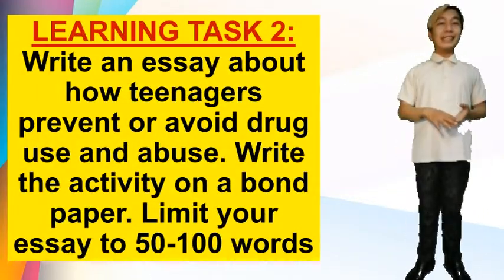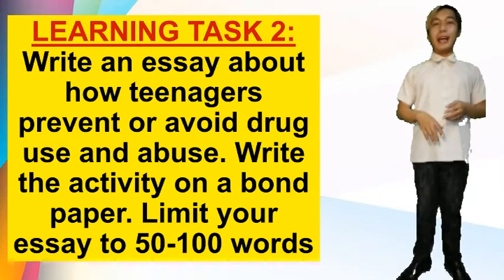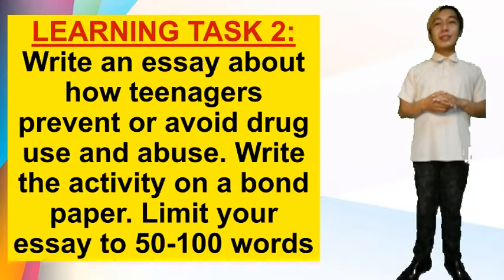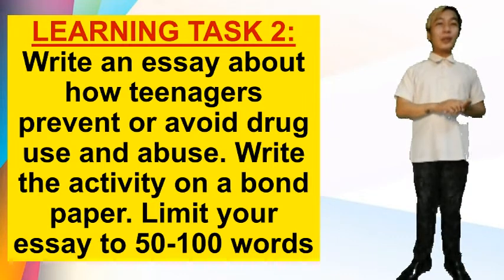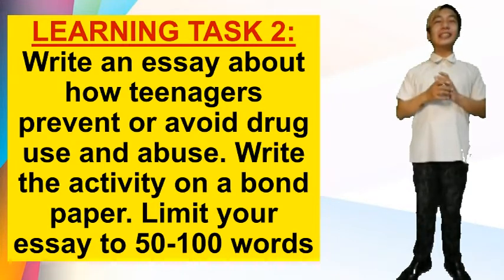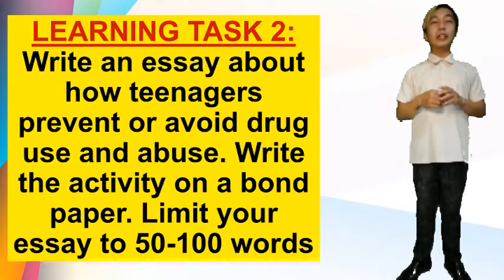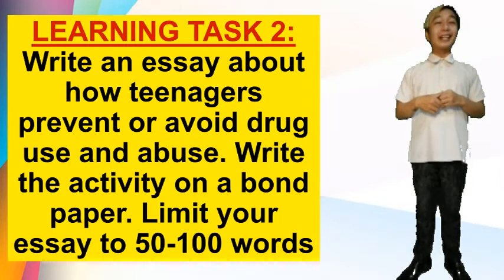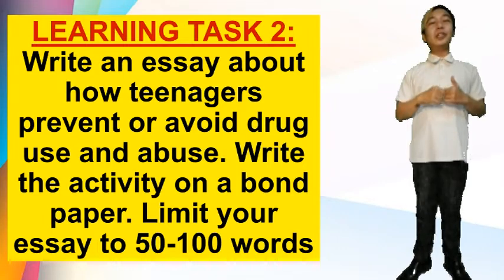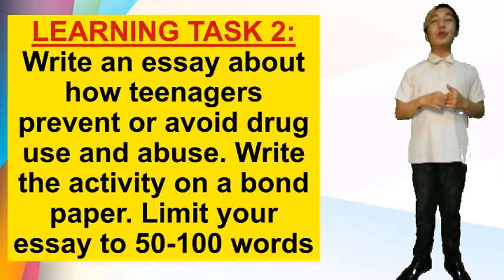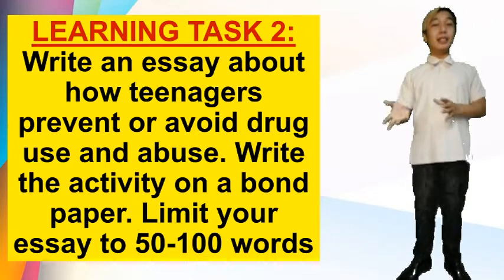Before we proceed to our discussion, let's have our learning task. So all you have to do is to write an essay about how teenagers prevent or avoid drug use and abuse. Write the activity on a bond paper and limit your essay to 50 to 100 words. So it should be in English.